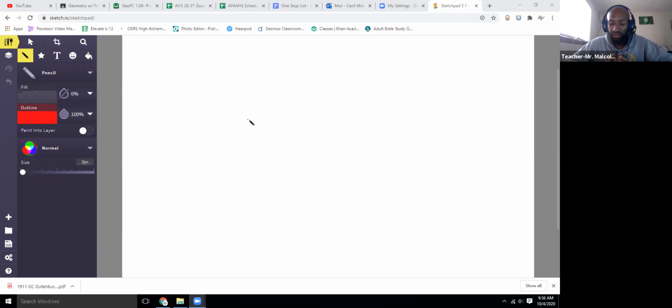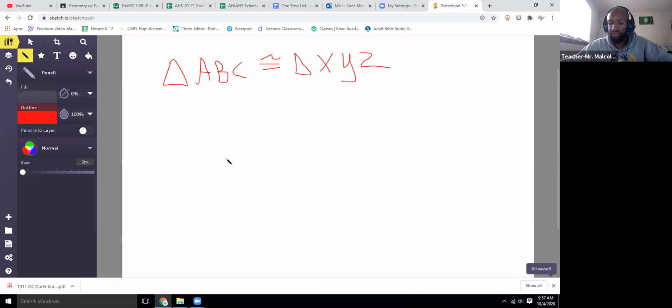So the first thing is coming to us from Unit 1, Lesson 1 and Lesson 2. We need to know how to find things that are congruent just based upon the congruent statement. So I'm going to write out a congruent statement, and I'll show you what I mean. Triangle ABC is congruent to triangle XYZ.